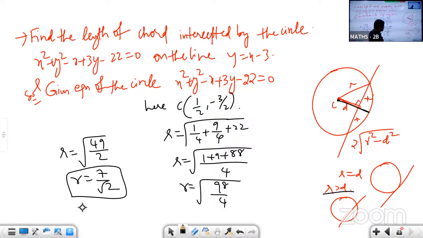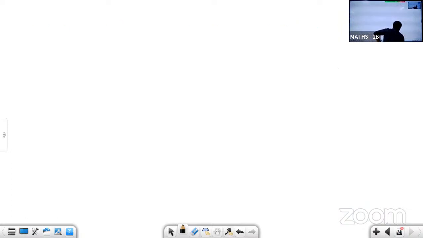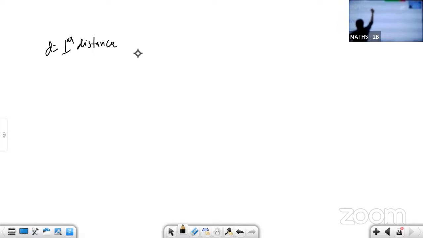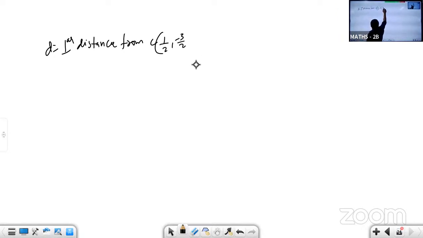But according to the length of the chord, what is the formula? 2 into under root of r square minus d square. Still we are going to find d. Is it clear? d is nothing but the perpendicular distance from the center, 1 by 2 comma minus 3 by 2, to the chord equation.